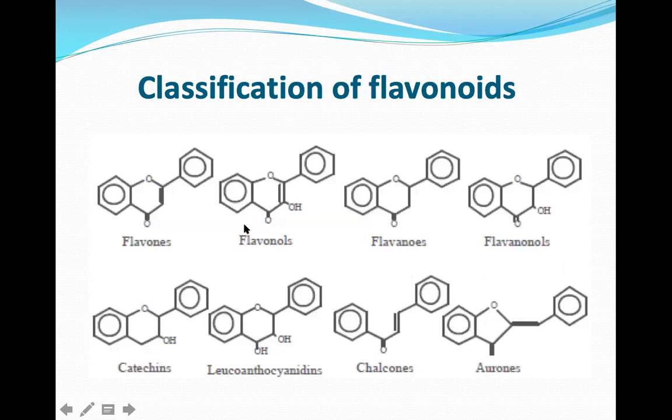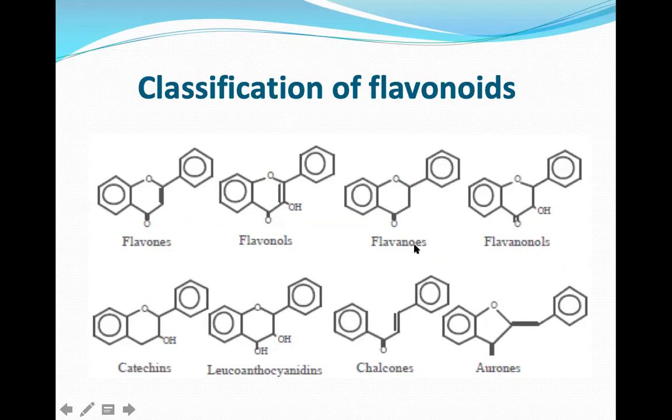So these are the 8 groups of flavonoids. Classification of flavonoids includes flavones, flavonols, flavanones. Here there should be one N; there is a spelling mistake.